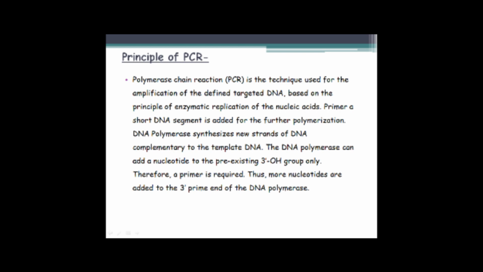DNA polymerase synthesizes a new strand of DNA complementary to the template DNA. The DNA polymerase can add a nucleotide to a pre-existing 3' hydroxyl group only. Therefore, a primer is required. Thus, more nucleotides are added to the 3' end of the primer by the DNA polymerase.